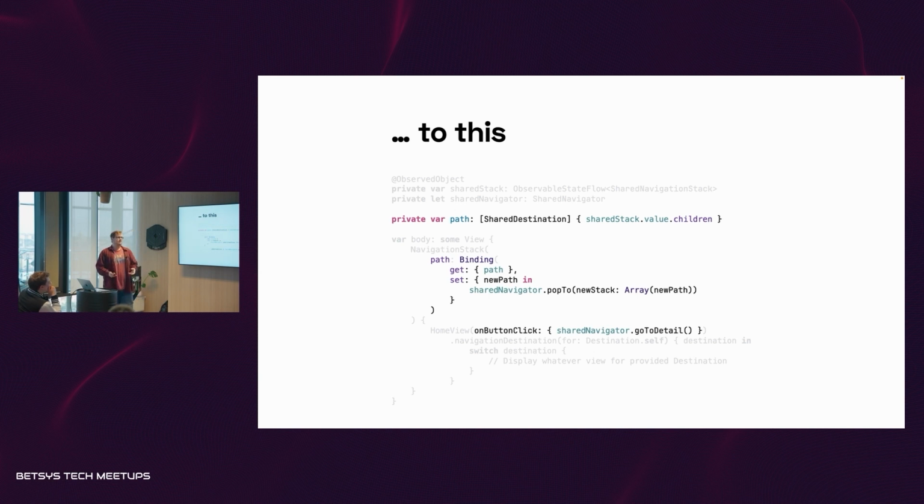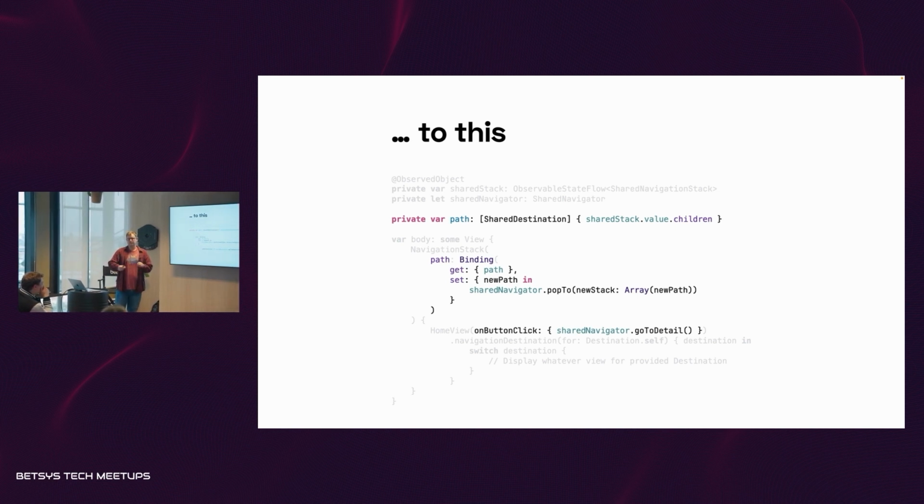So in the get function of this binding, you just read the path that is provided to you from the Kotlin. And in the set method, you have to, again, override the entire navigation path or navigation stack in the Kotlin, because what this set method really does is it provides you the entire new array of your navigation path, which you should sync back into the Kotlin.